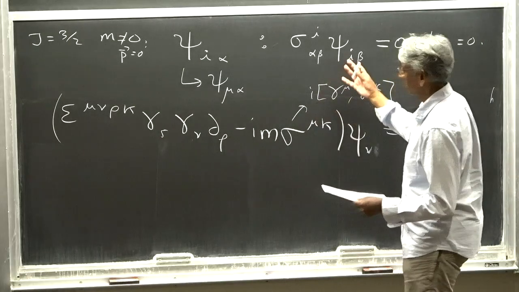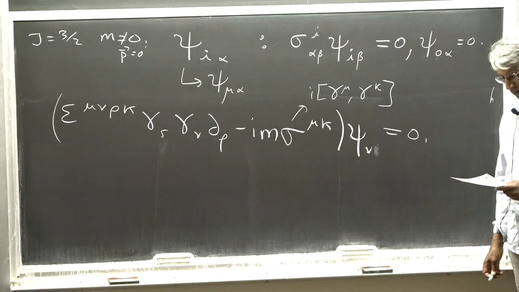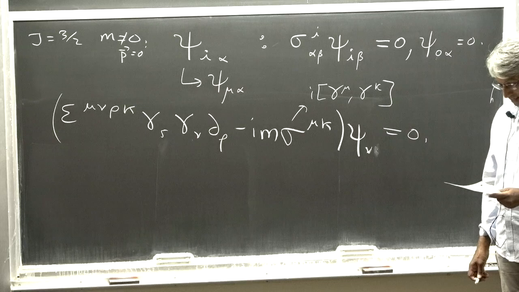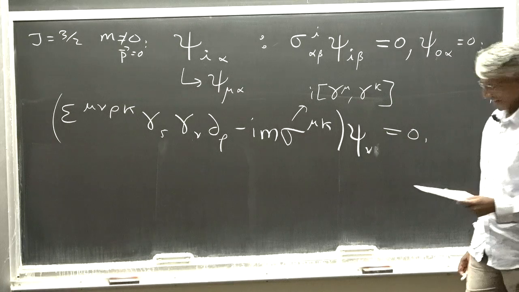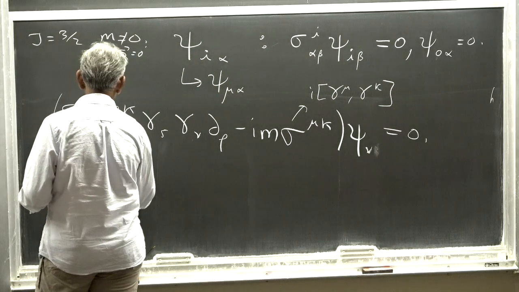And this is the famous Rarita-Schwinger equation, and I don't think I overlapped in life with Schwinger, but I'm pleased to say that I was a postdoc when at least a retired Rarita was still alive. So that's how ancient this equation is. But of course, what we care about is m goes to 0.